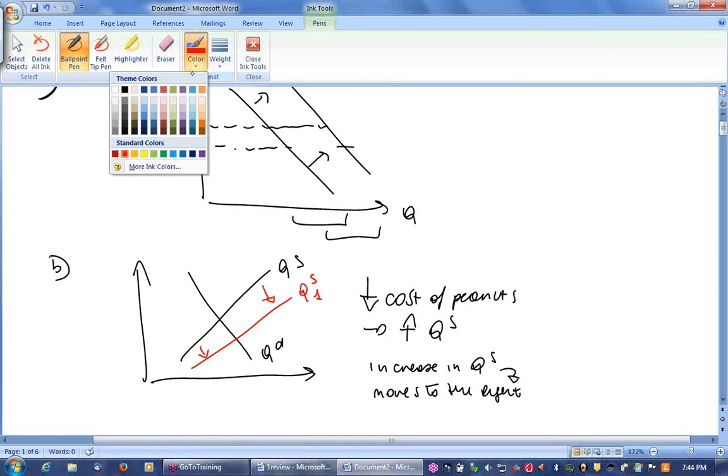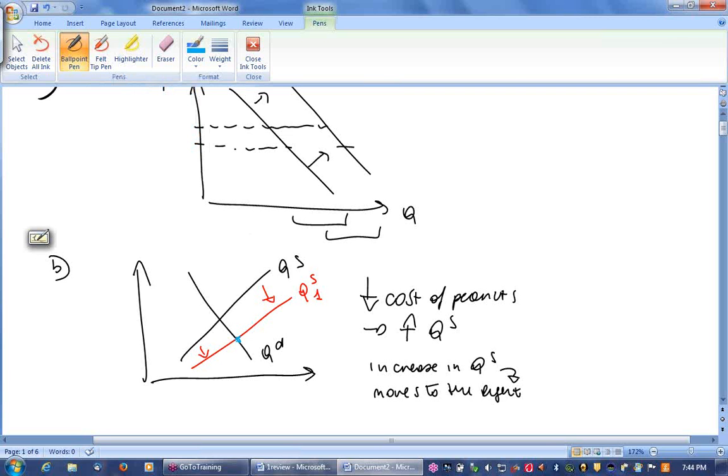So at the new supply curve, the equilibrium price and quantity is such that quantity has increased from before, from Q to Q1, and price has decreased from price P to P1. So Q increased and price decreased. Okay?